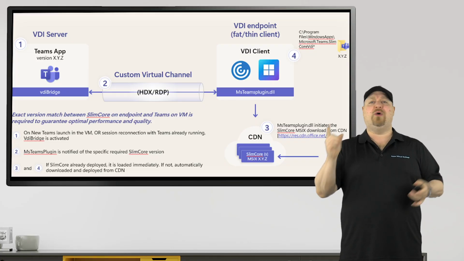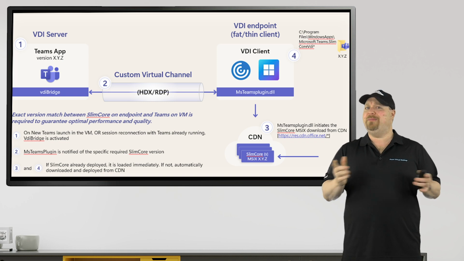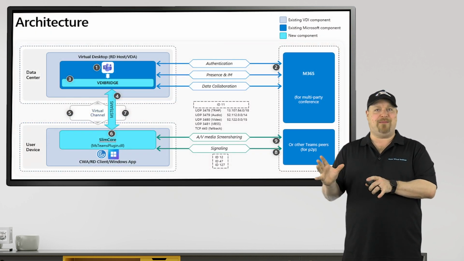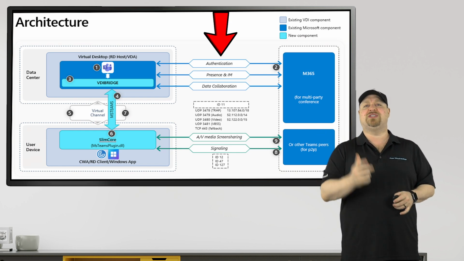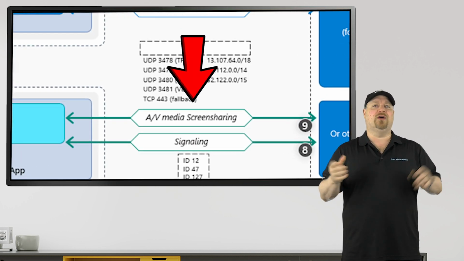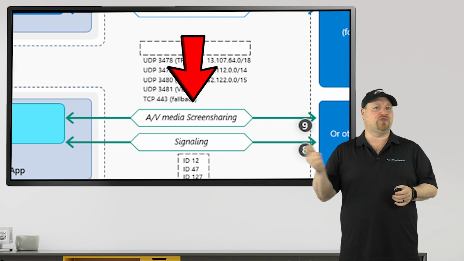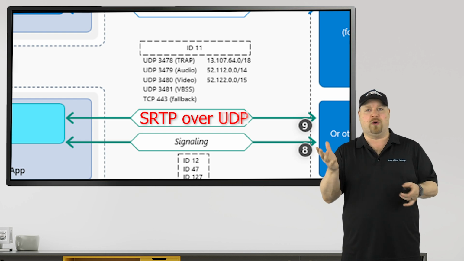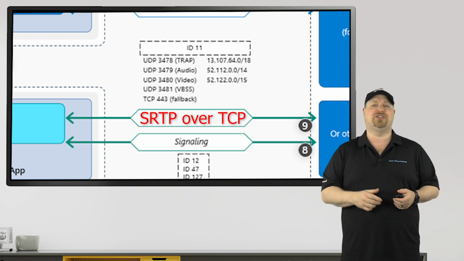And I'm sure you're wondering what this new Slim Core is going to be doing for you. Well, it's going to handle the Interactive Connectivity Establishment, or ICE, for STUN and TURN protocol procedures, along with the real-time media, which is all your audio, video, and screen sharing. And that's using SRTP over UDP or TCP, depending on how your connection is established.